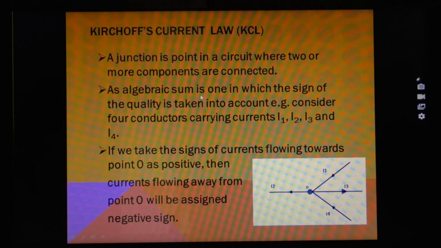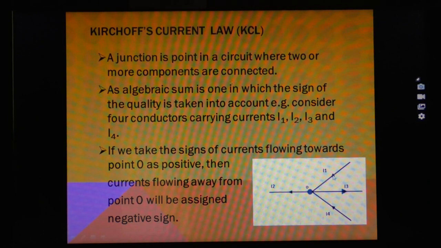An algebraic sum is one in which the sign of the quantity is taken into account. So sigma I is equal to 0. What does it mean? Consider four conductors here, and through the four conductors, four currents are passing: I1, I2, I3 and I4.